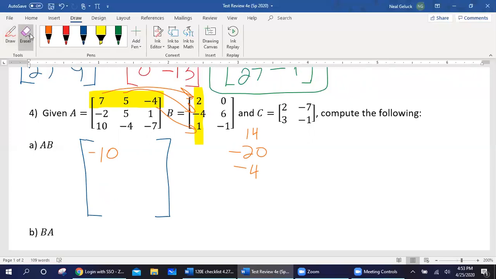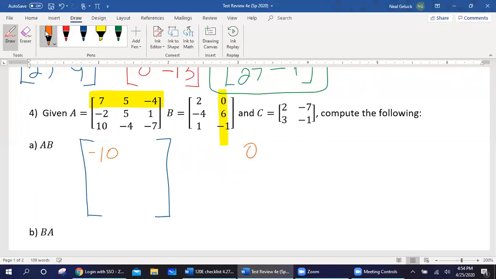Then I go to the second column. So I'm going to have 7 times 0, 5 times 6, -4 times -1. Add those together, 34. I've gone through all my columns for the second matrix.